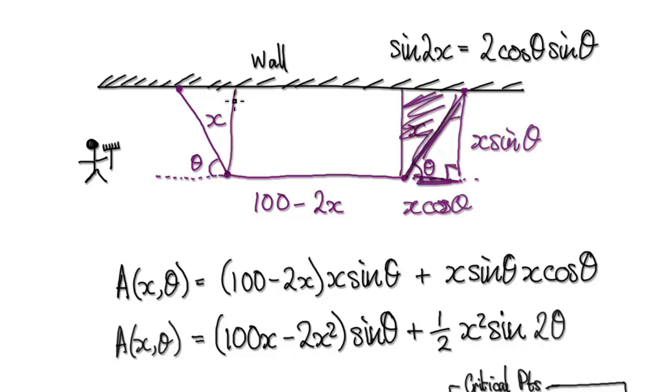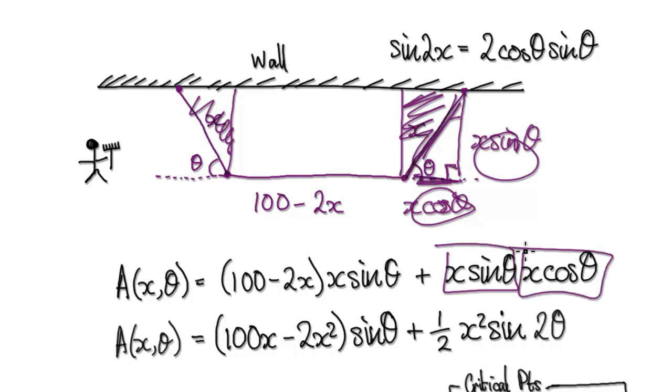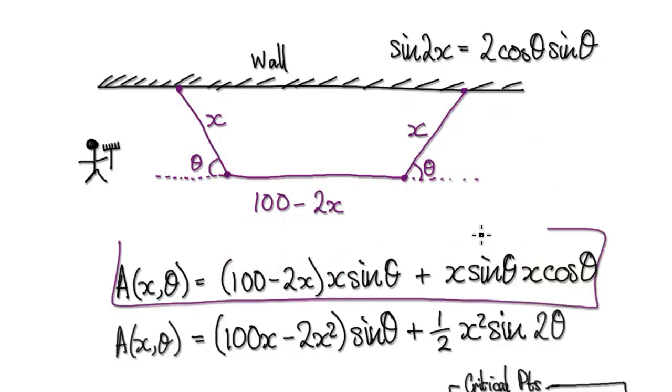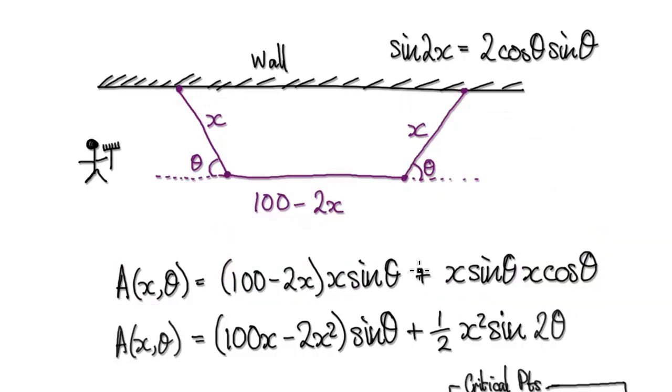So this area here plus this area here will be this times this. That will give us this thing here, and then this area here will be given by this times this. So the area is given by this, and then tidy this up.